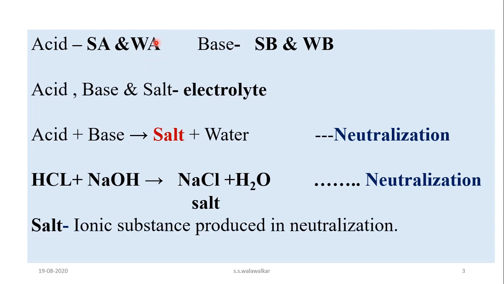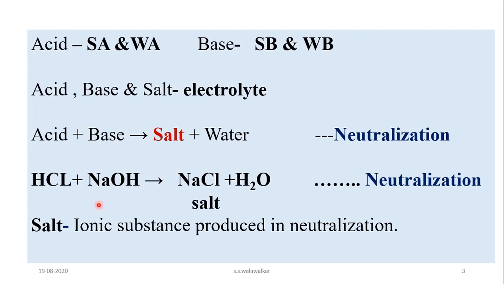Whereas weak acid and weak base, they dissociate to a very little extent and therefore they are called as a weak electrolyte. Now when acid reacts with base, it forms salt and water, that you know, and this standard reaction is known as what? Neutralization reaction.